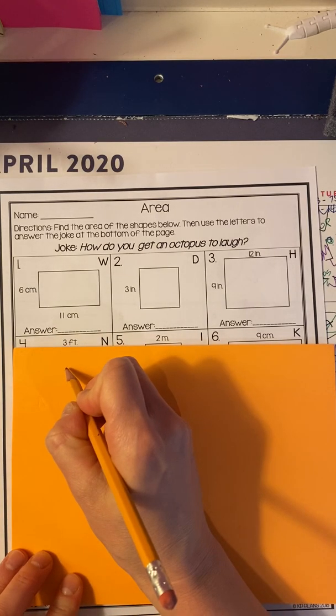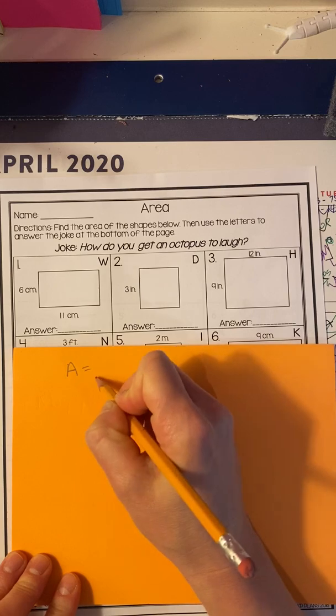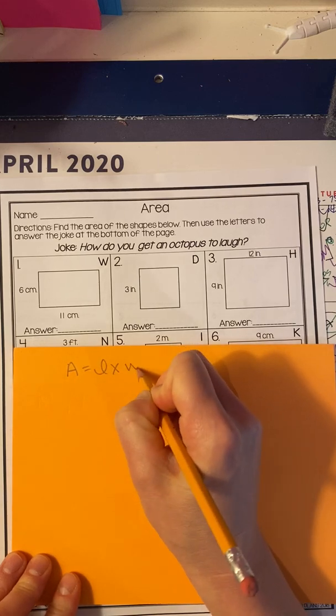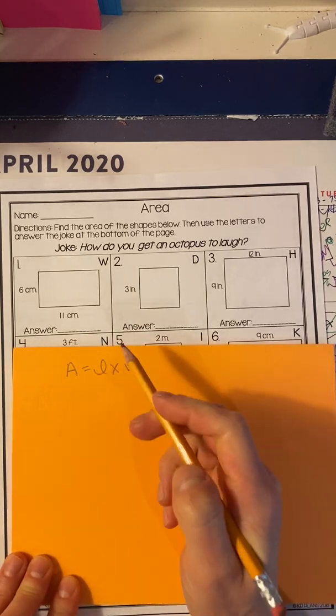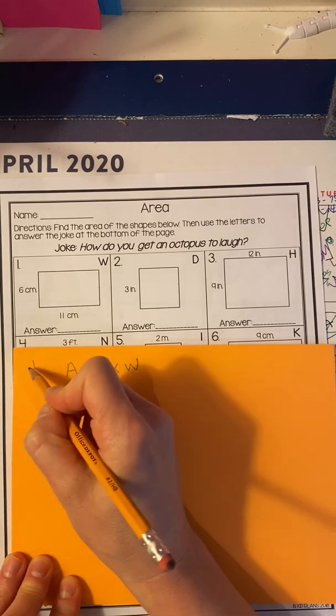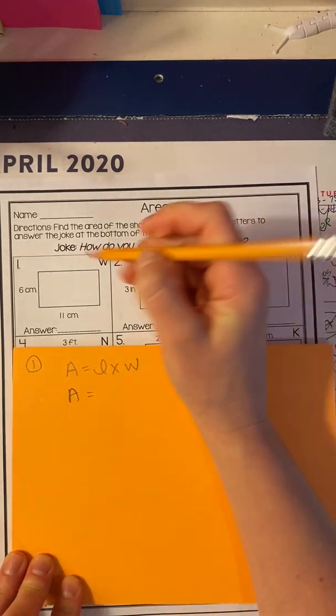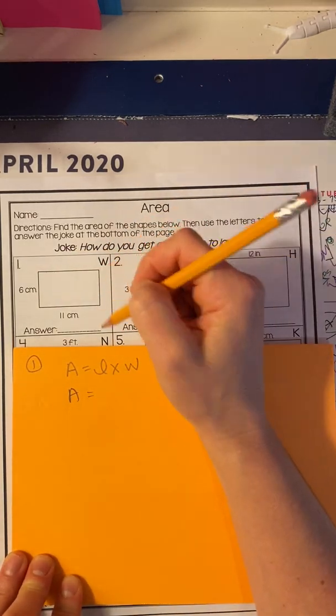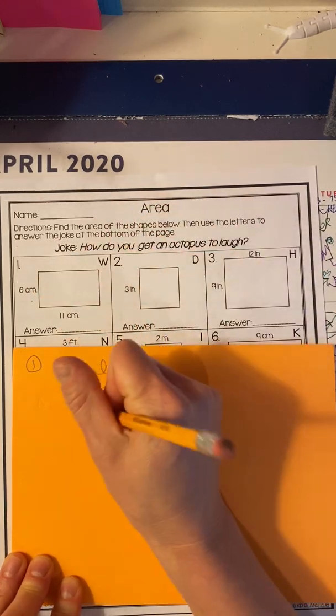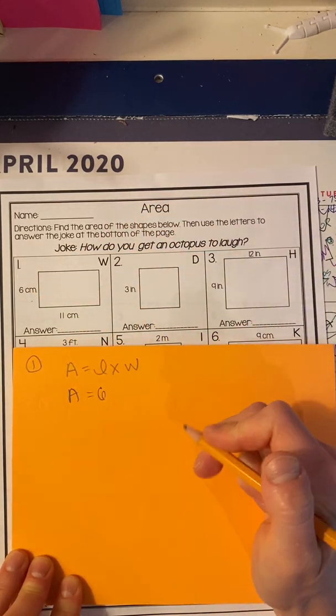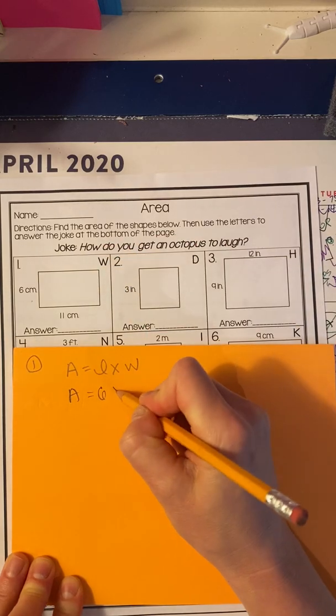So once again, my formula is A equals length times width. All right, so let's find my length in number 1. My length for number 1 is 6 centimeters here, and my width is 11 centimeters.